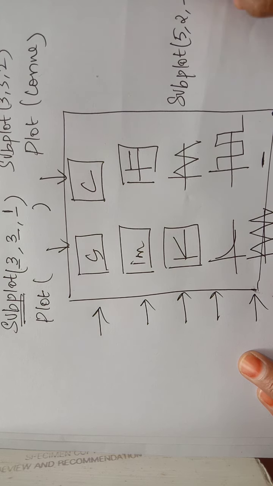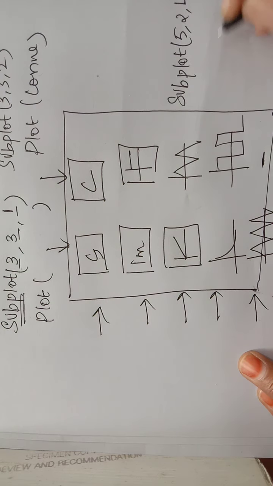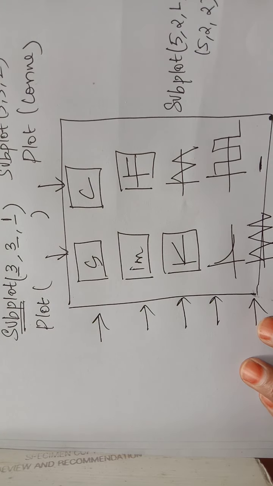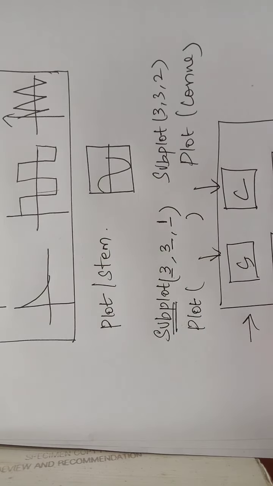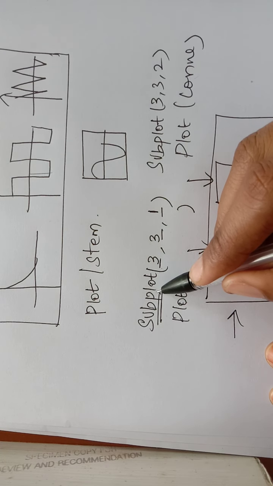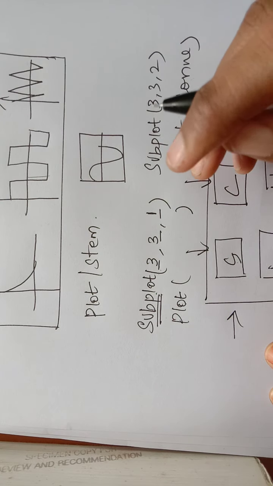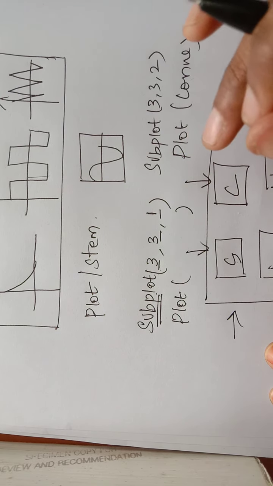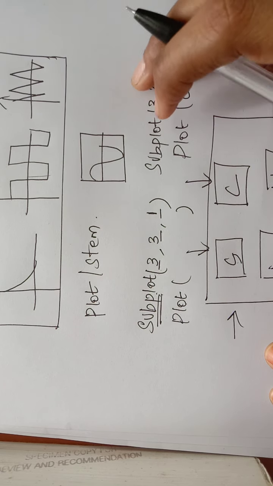Then you have to index it: first 1, then 5 comma 2 comma 2, like that. It is a very simple function, but the one thing you need to keep in mind is that before plot you need to use subplot. Now we will see how I have written and generated these examples in MATLAB.